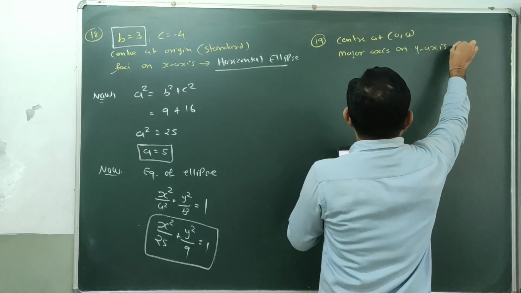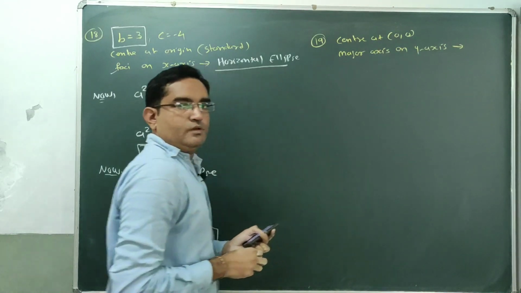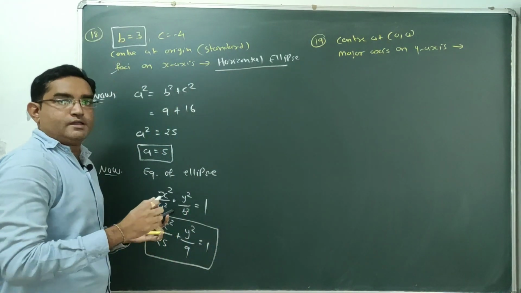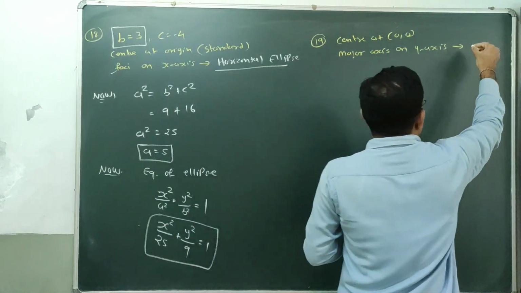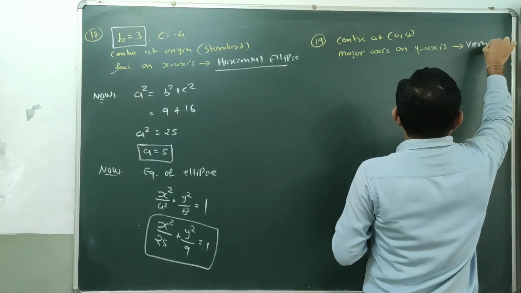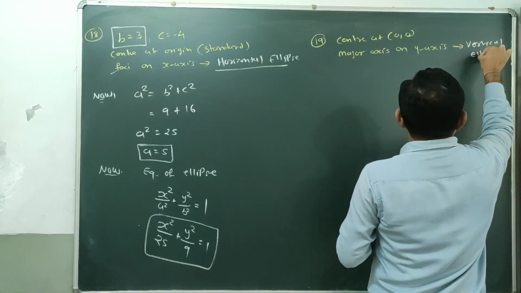What is the meaning of this? The major axis of the ellipse lies along the y-axis. That means it is the case of a vertical ellipse.